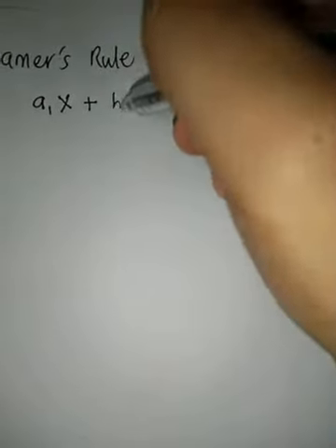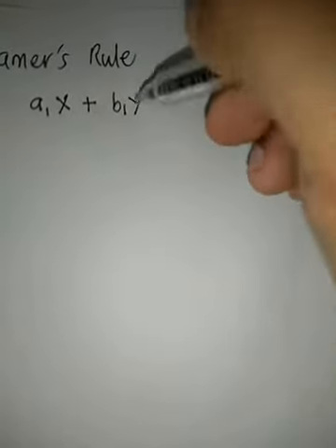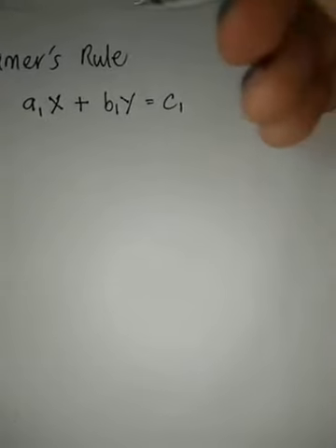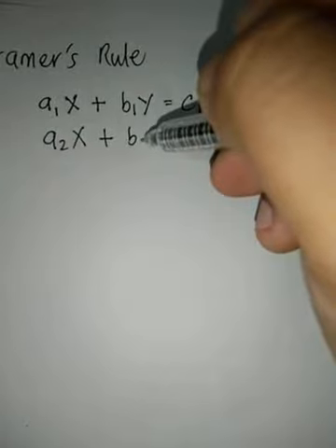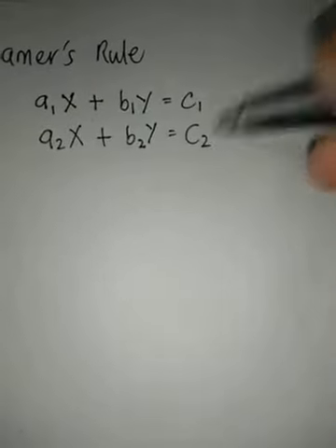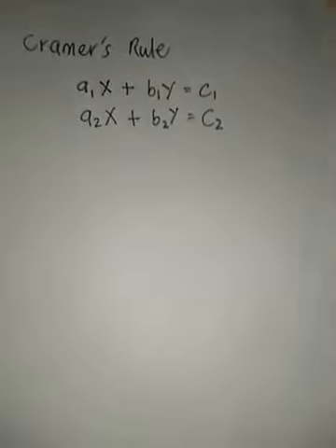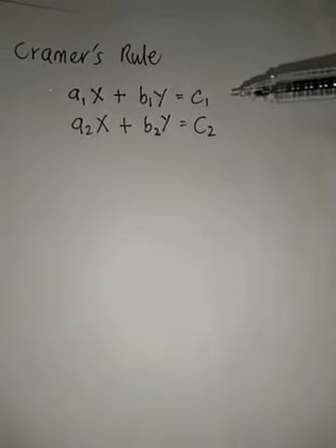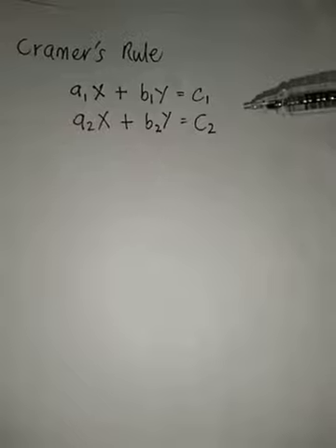Okay? So, kung pag sinabi kasing simultaneous equations like this, so we have A1 times X plus B1 times Y, which is equals to C1. Then we have another equation, A2X plus B2Y is equals to C2. Okay. Actually, if we recall in our algebra, pwede natin makuha.